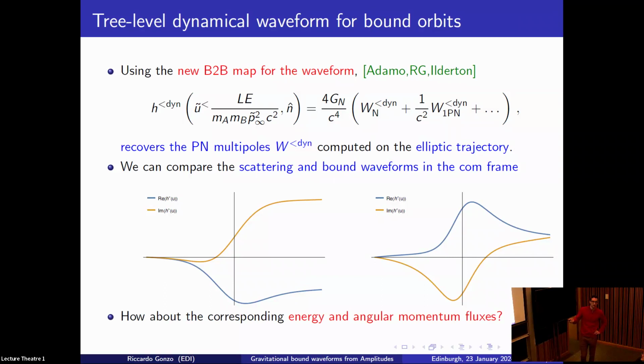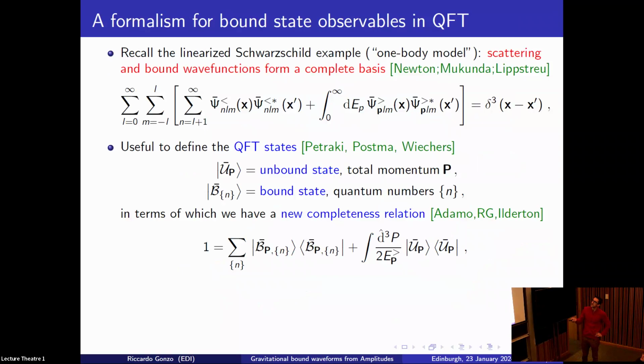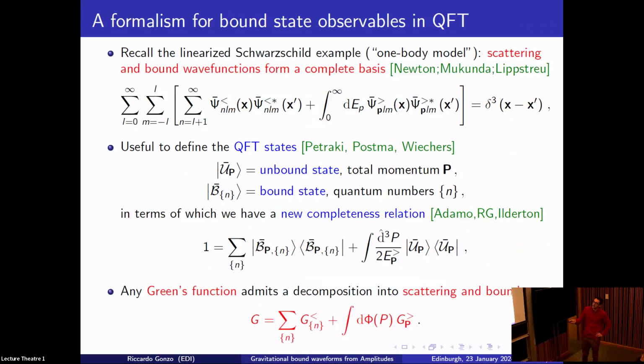So if you have that waveform as an integrand of the fluxes, you can just plug it in the fluxes. I'm going to go over this quickly. Essentially, you can use the completeness relation for scattering and bound states that gives you the decomposition of the Green function.